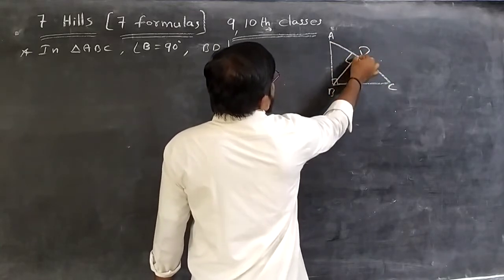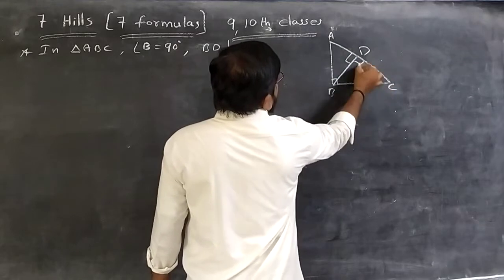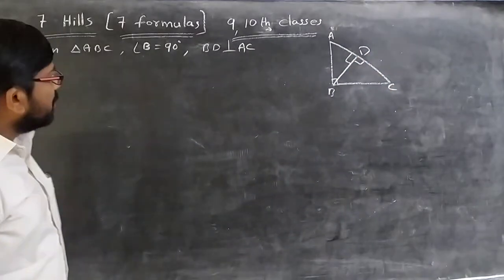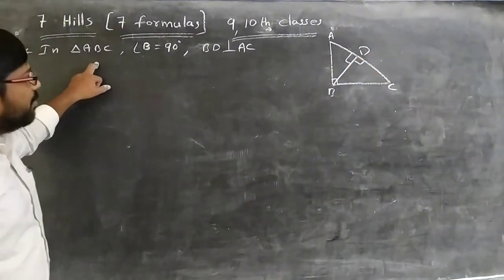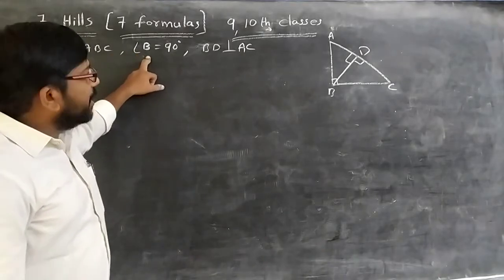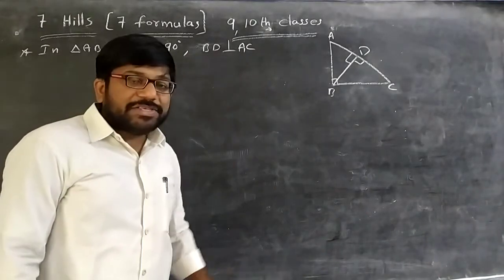So here angle BDA is 90 and angle BDC is 90. In right angle triangle ABC, angle B is 90 degrees and BD is perpendicular to AC.